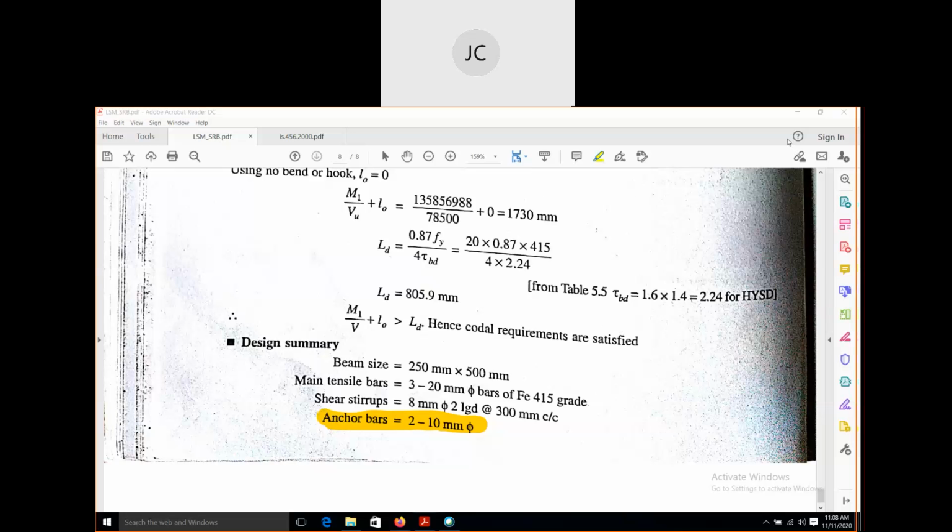Now I will show you one question from last year's final exam, 2016, and I will give you this question as homework.